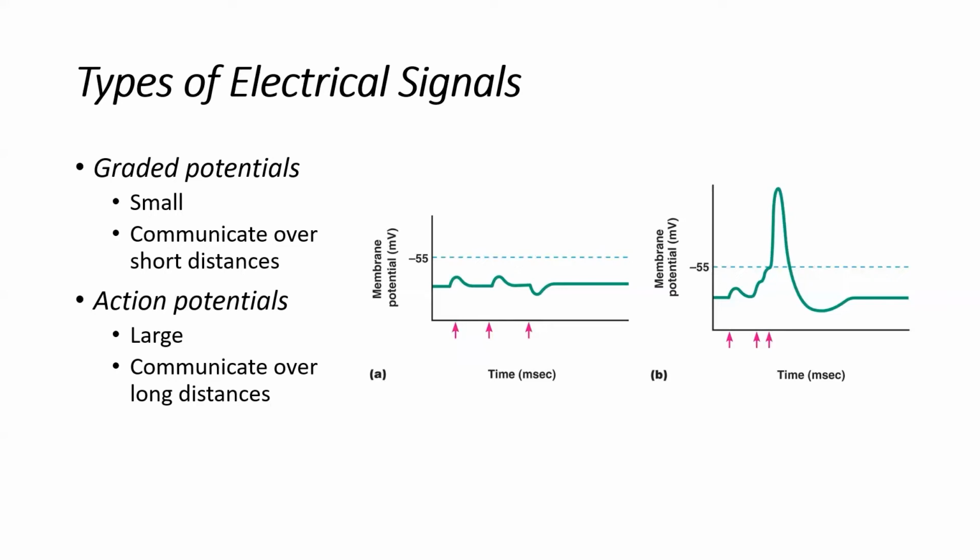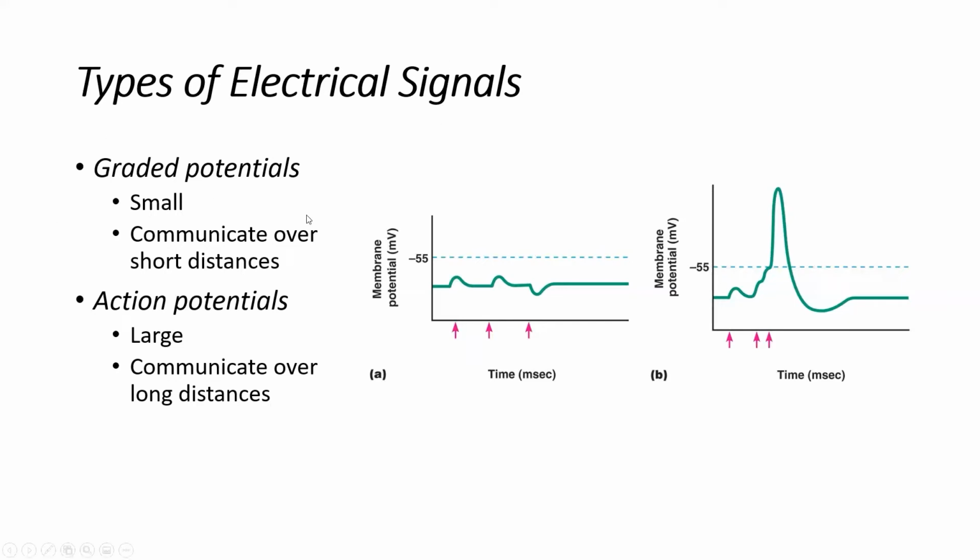Now the bigger the potential, the more impact or the more signal it's going to have or have the ability to transmit. But if we think about the smallest type of signal, that's going to be called a graded potential.